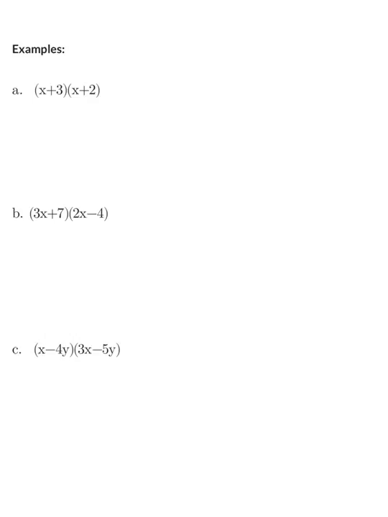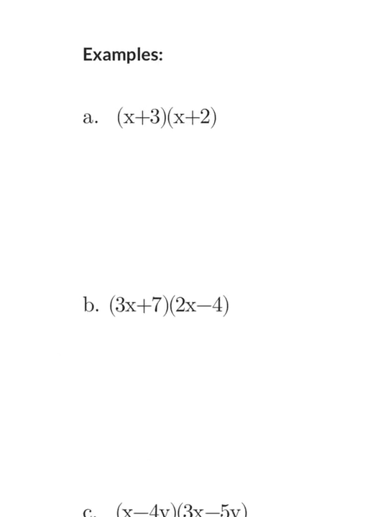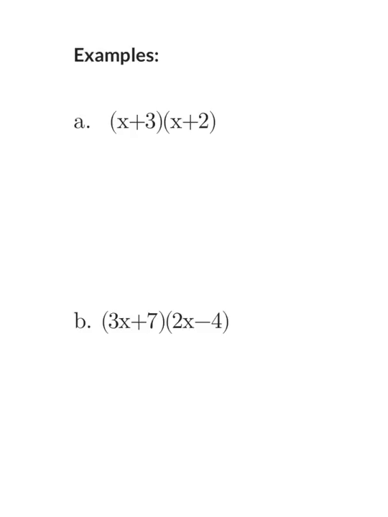So let's go ahead and look at some examples of FOIL and multiplying binomials. So if we look at the first example, we have x plus 3 times x plus 2. So the first thing that I want to do is use FOIL. So F means multiply the firsts. So I want to take the first term in each binomial and multiply it.